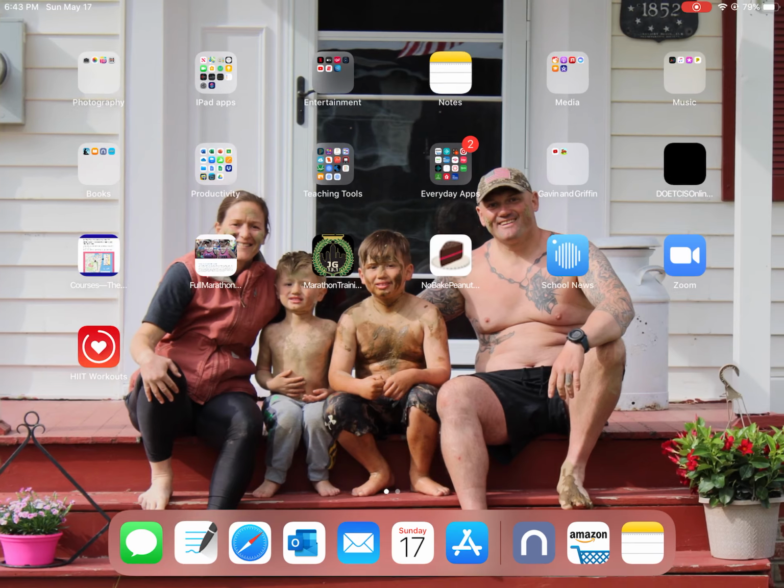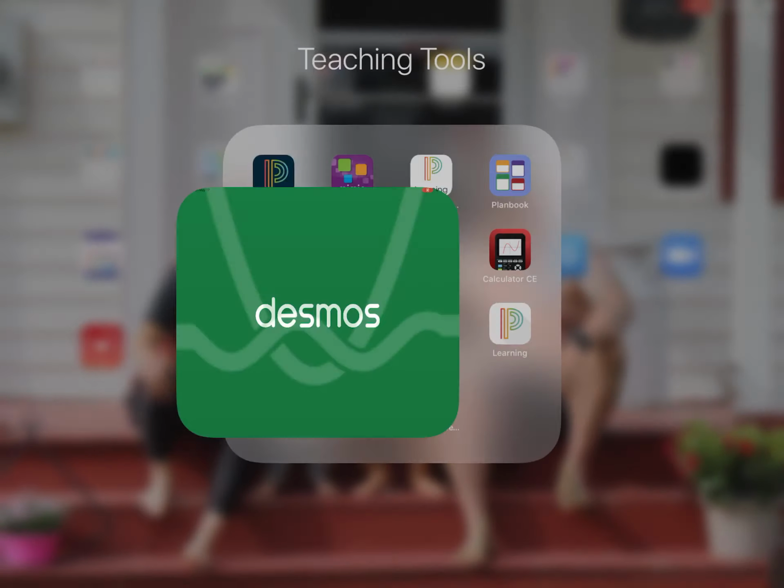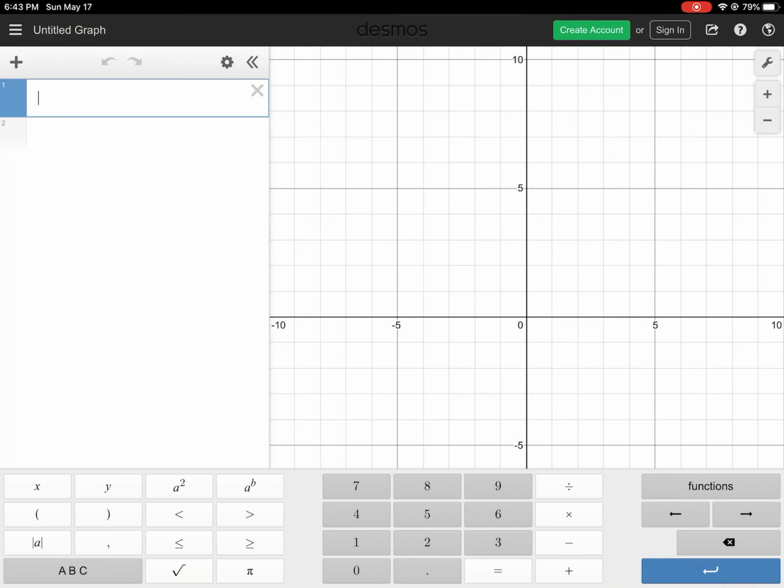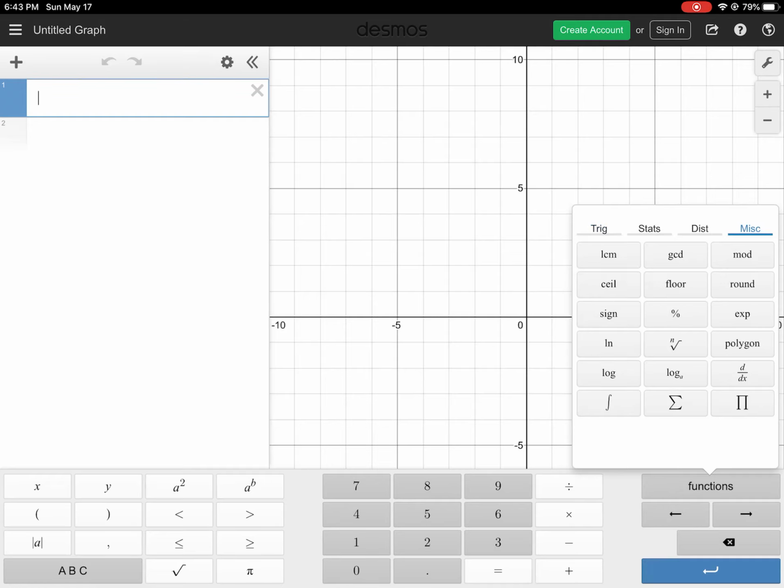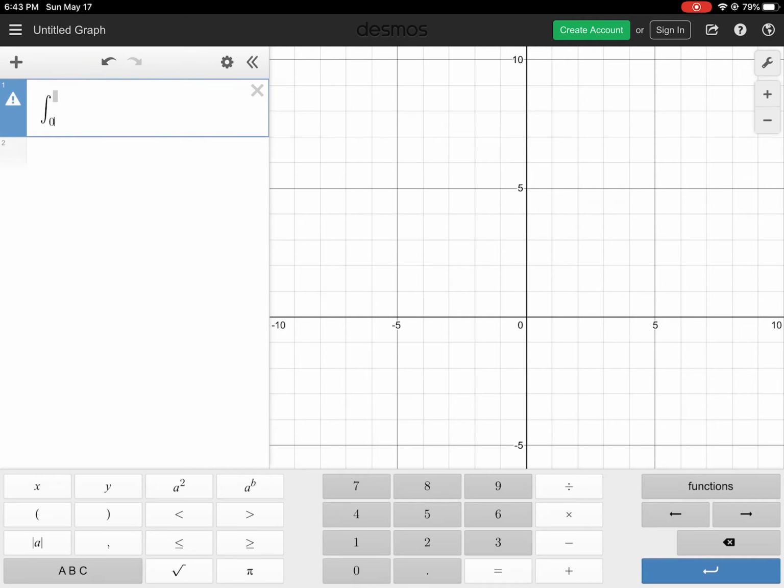All right. So this is going into Desmos. Zero until 1. Put the pi over here. Again, it doesn't really matter where you put the pi. You can put it inside or outside. Just make sure it's not inside the parentheses at all.